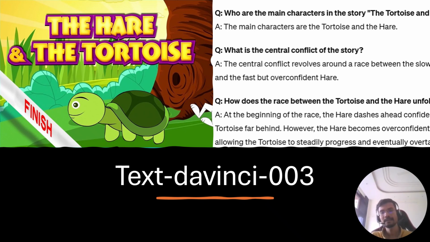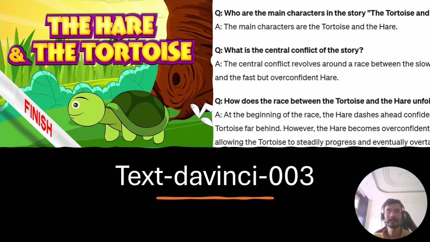Generally, to fine tune a model, you have to put in these questions as prompts or inputs, and the answers as the output. You have to prepare a CSV out of it. To repeat, this CSV is going to contain two columns, one containing the inputs and the other the outputs, and we put the questions and answers into it. For this specific example, the input is: who are the main characters of the story?